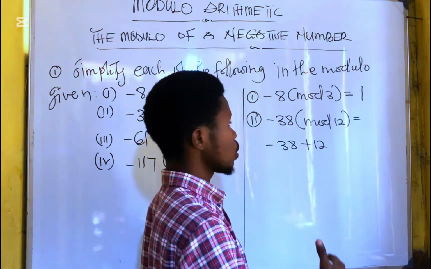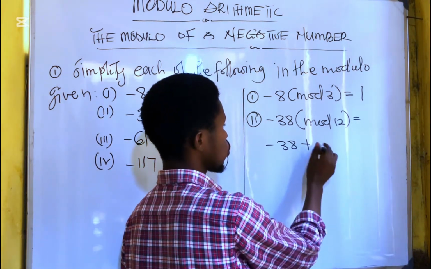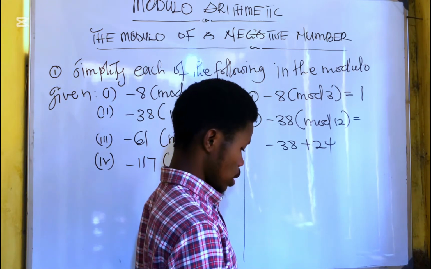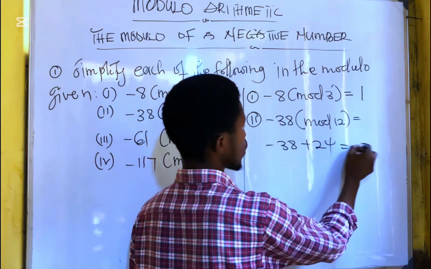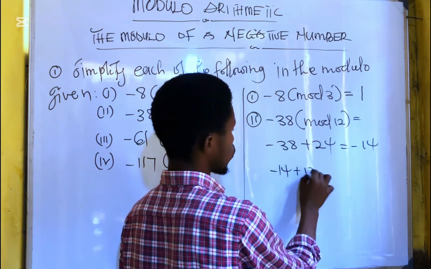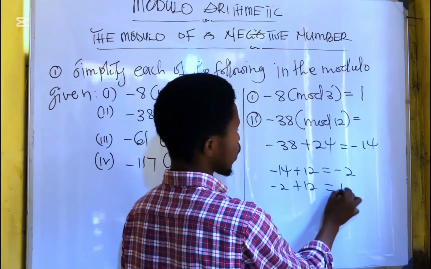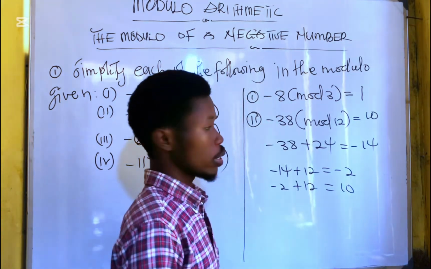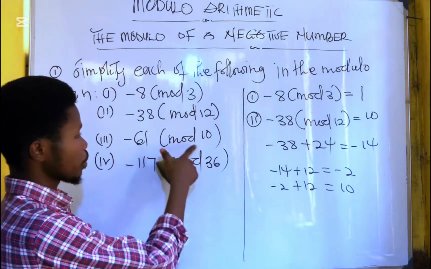But I know that 2 times 12 is 24, so I can double this 12 to be 24 here, so that it will facilitate my working. So here it comes, negative 14. Is that okay? So now negative 14 plus 12 will give you negative 2. Negative 2 plus 12 will give us what? 10. So the answer today is 10. Is that okay? Now we move to the next example.